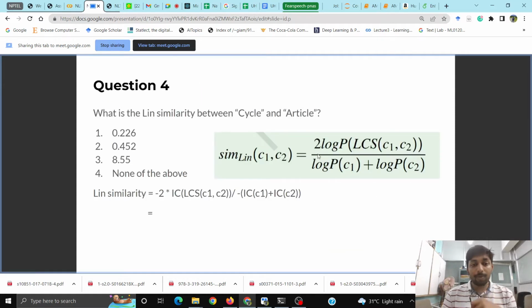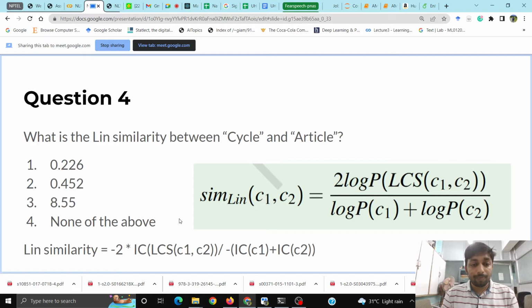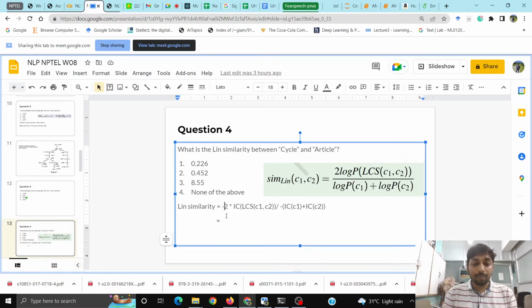So what will be the solution here? 2 into IC of LCS, so IC of artifact, right? And then we have IC of cycle plus IC of article.